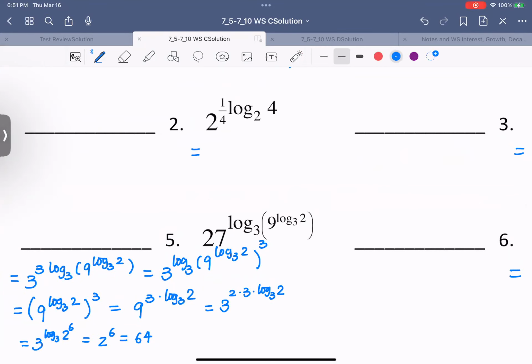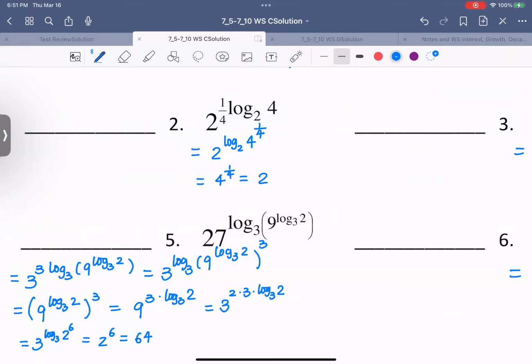You can pull this one here, okay? So it's 2 and then log base 2 of 4 to the 1/4. Equals, wait. 4 to the 1/4 is just, wait, no. 2 to the log base 2 cancels out.